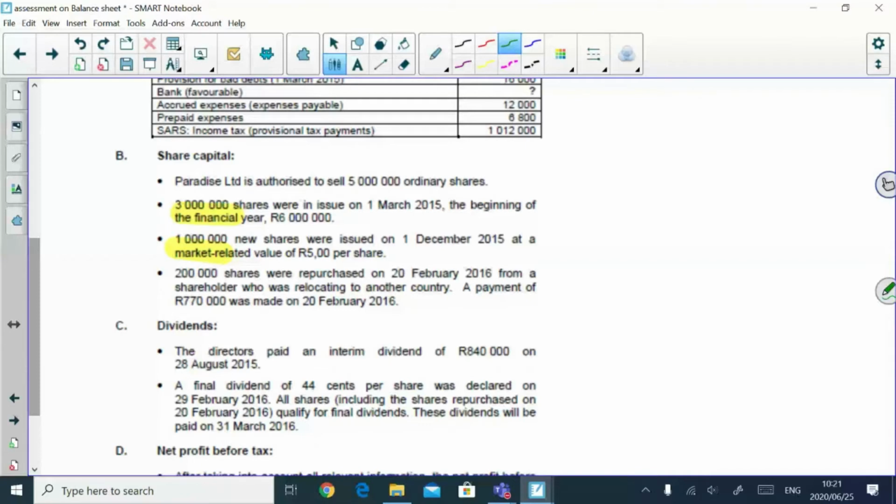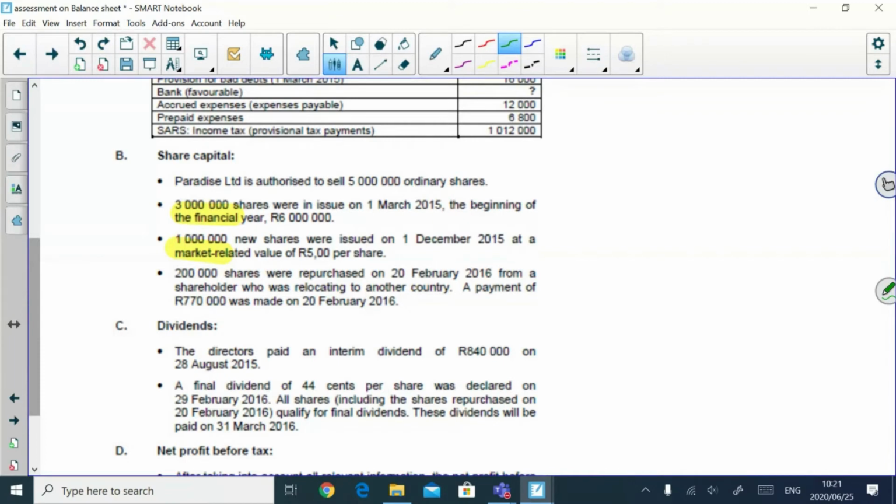So I want to explain something before we continue. Remember, when we sell shares, what happens to our double entry principle? Those shares that we're selling are capital. So capital increases on the credit side in the T accounts, the ledger accounts. Capital will increase by 6 million when we sell 3 million shares for 6 million rand.